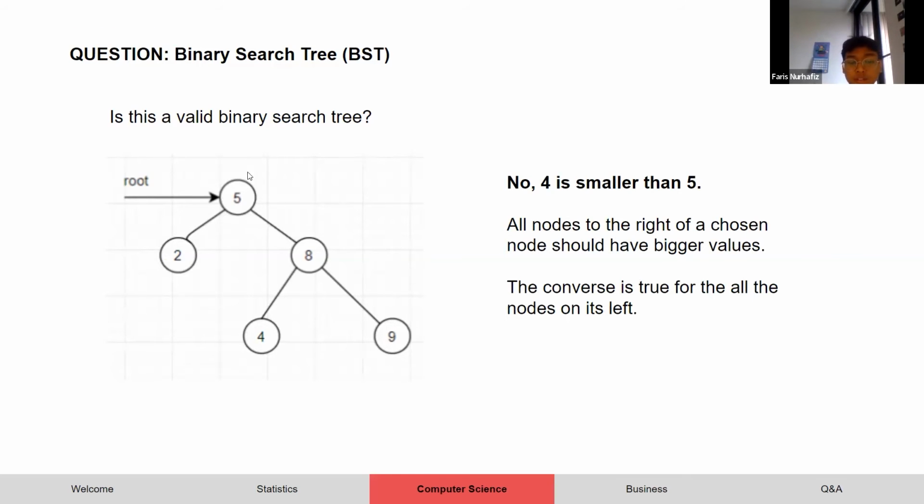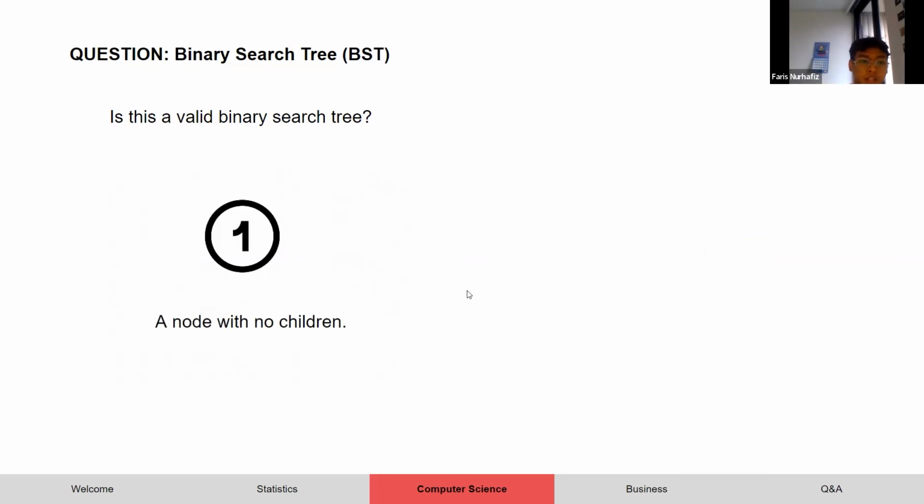So if 5 is the parent node of 2 and 8, all the nodes on the right-hand side of node 5 have to be bigger than 5 itself. But we can see here that node 4 is smaller than node 5, and it shouldn't be on the right-hand side of node 5. Instead, we are going to put the number 4 to the left of number 5 and above number 2. And this will preserve the order of values in a binary search tree.